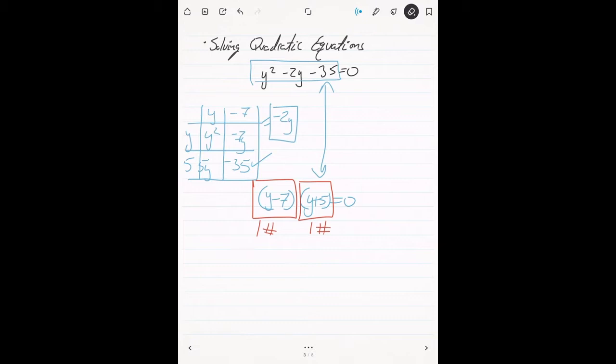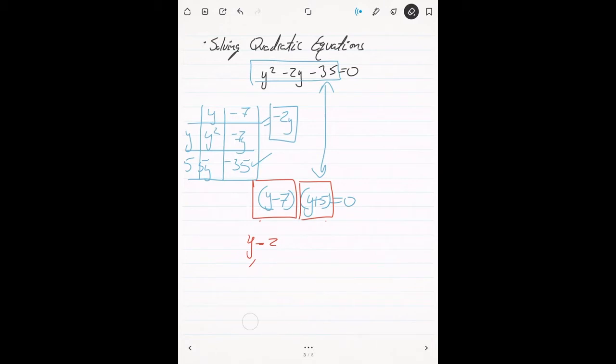For example, let's say I plugged in 2 for y. Let's say y equals 2. Then I would have 2 minus 7 times 2 plus 5. That is negative 5 times 7, which is, well, negative 35, okay? So really, these factors are going to represent numbers ultimately, once we plug stuff in for y.